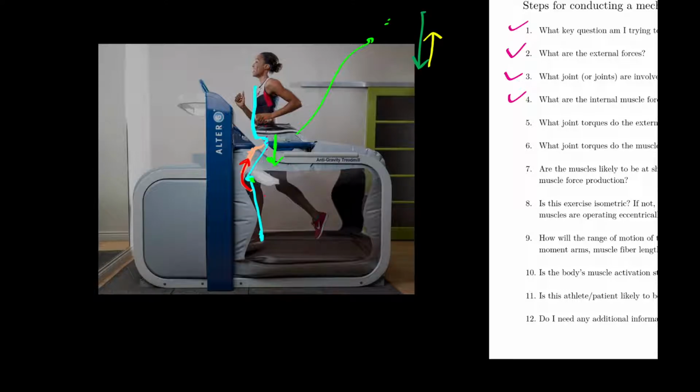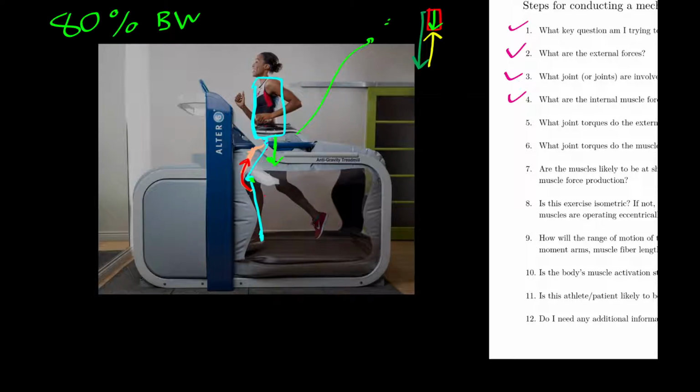That gives us that net force. Now it's still going to be down, because maybe you dialed this thing in to run at 80% of your body weight. So it's going to provide an upward force of 20% of whatever your weight is. So the net result will be you'll be weighted down at 80% of your body weight. And we'll just draw that as that green arrow right there.